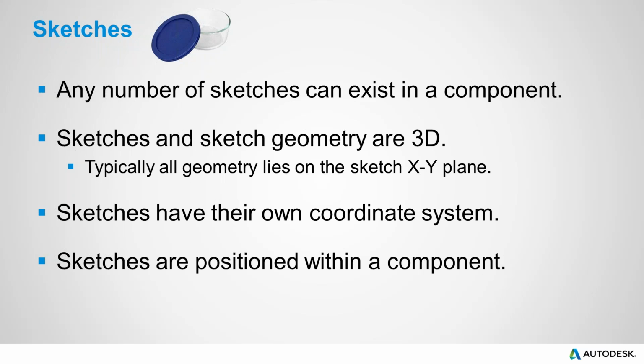But in general, they don't. They'll be in some other position. And the sketch object has ways to find out what its orientation is and to convert points from the sketch coordinate system to the model coordinate system, so you can go back and forth.